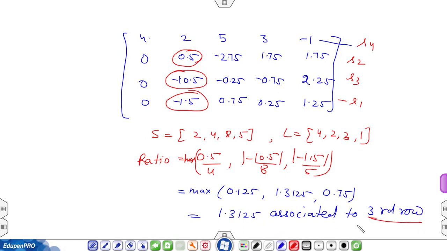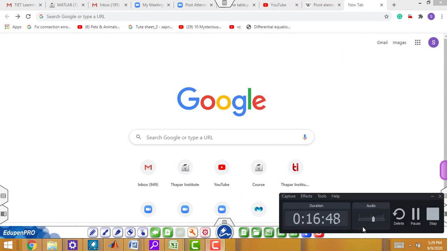So this is your pivotal row. So we have to take third row at the pivotal position. So what you will do, you will interchange R3 to R2. You will interchange R2 to R3. Okay, and let's try to do it here.